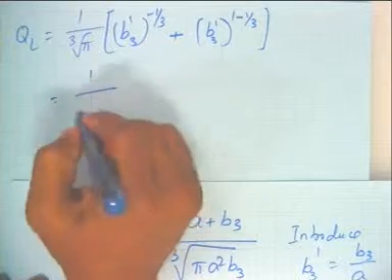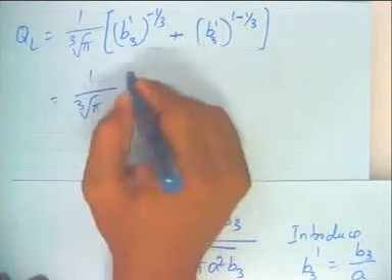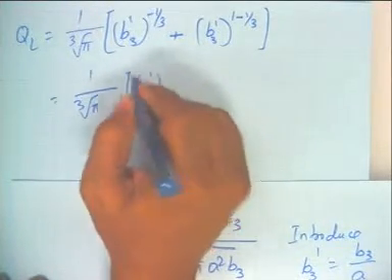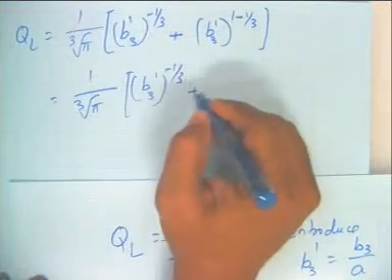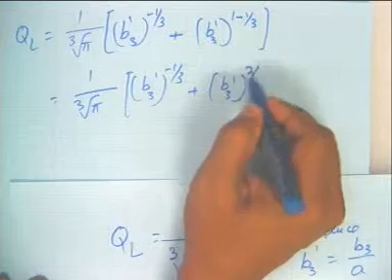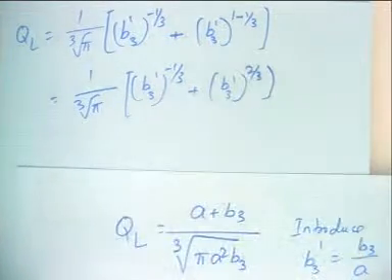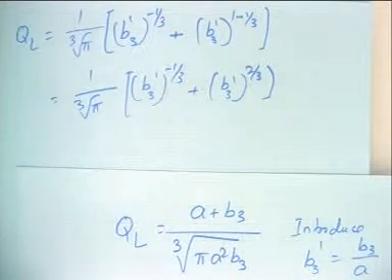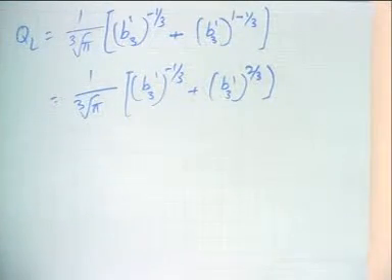So, this will be 2/3. Okay. So, now I can find out the minimum QL.